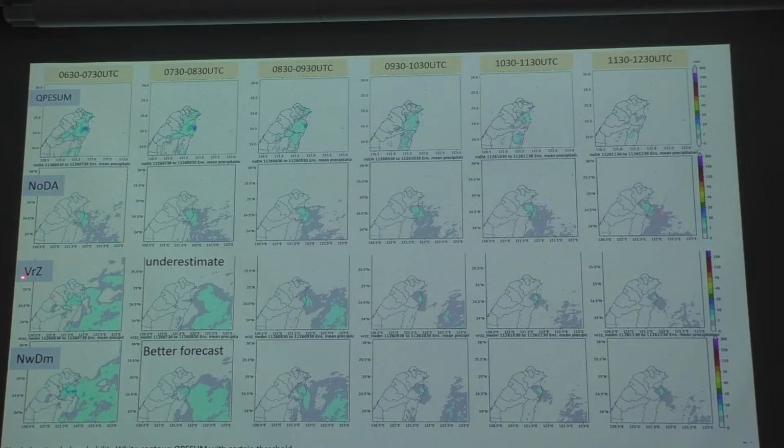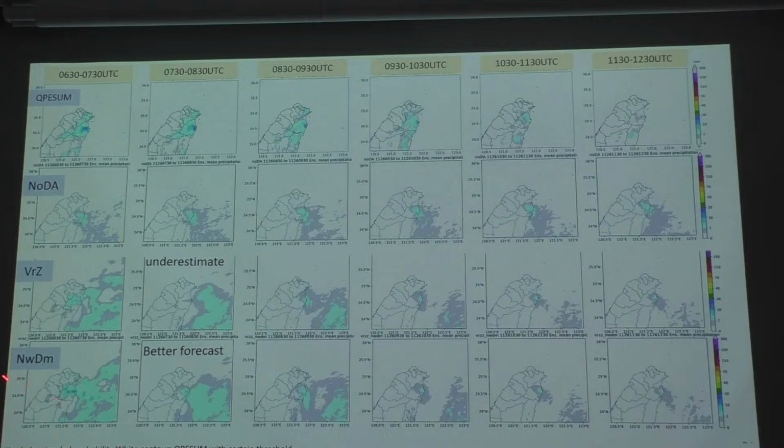Even after you assimilate Doppler wind and refractivities, compared to reality there is no similarity between the numerical model and the observations, even though the total rainfall within 6 hours is quite similar. But the distribution in each hour is not right.